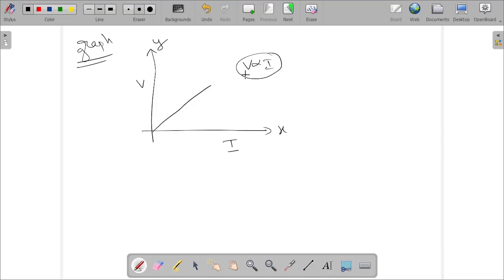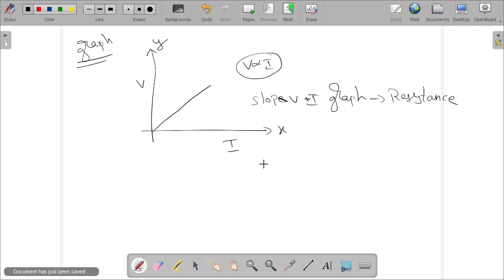From this, what does the slope of the VI graph give? The slope of the voltage-current graph gives resistance. How? This is the slope, and let's consider some angle theta.